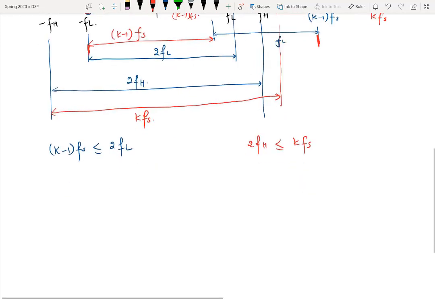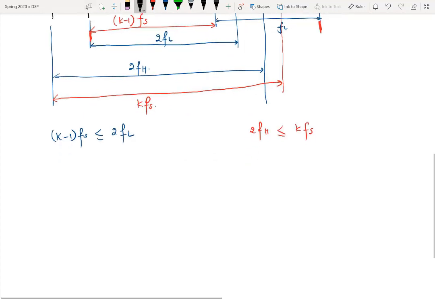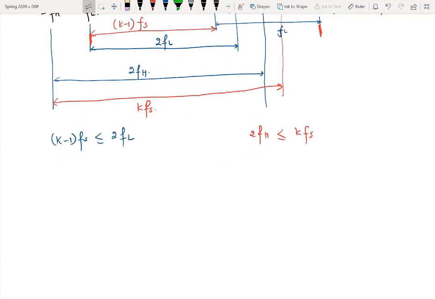So I have got these two inequalities. Now let us try to solve these two inequalities and find some condition, using the fact, of course, that b is equal to fh minus fl, so that fl is equal to fh minus b.